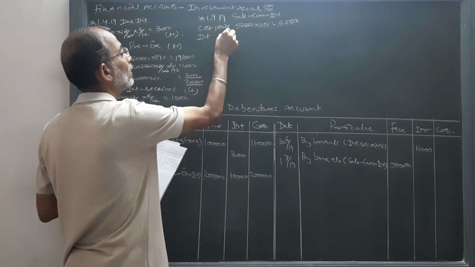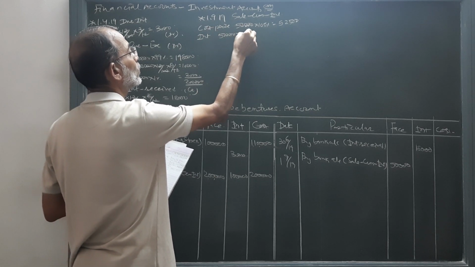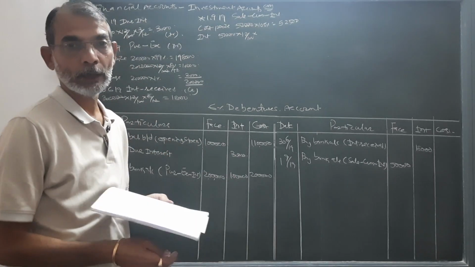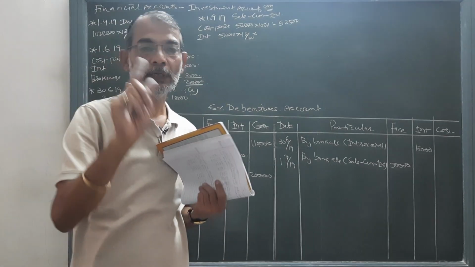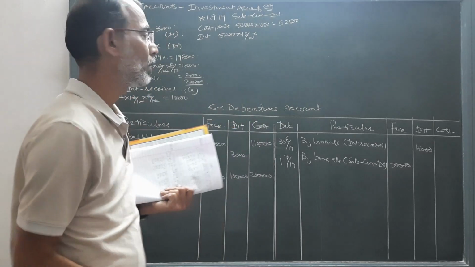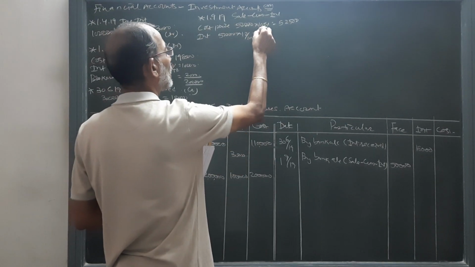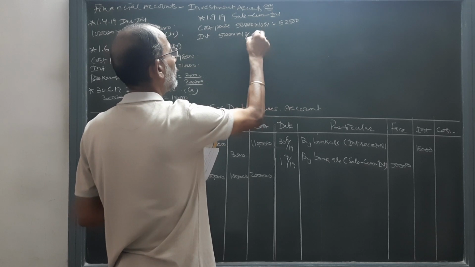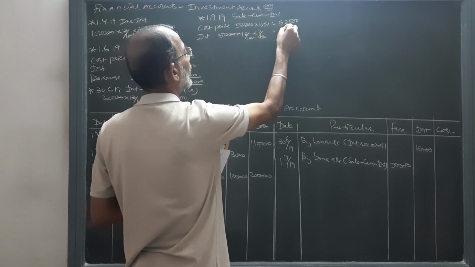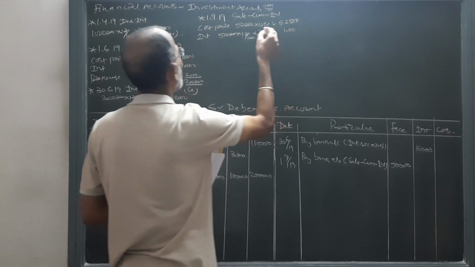Interest of the security will be 50,000 into 12%; on 30th June last interest was received, so July and August, 2 months interest will be calculated, which is 1000.